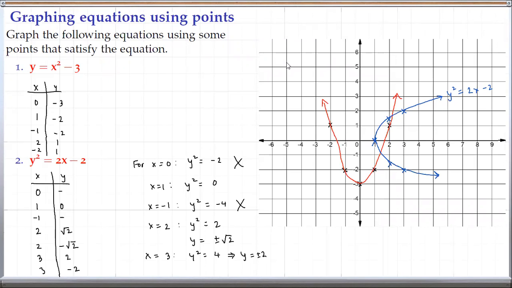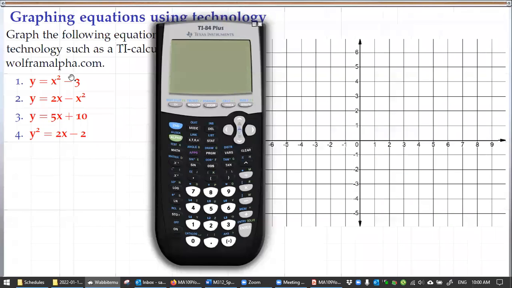And of course, these days, there are a lot of technologies and graphing calculators that we can use to graph equations. So we will do that next. The first one, I will show you how to graph using a TI calculator. So go to y equals right here.